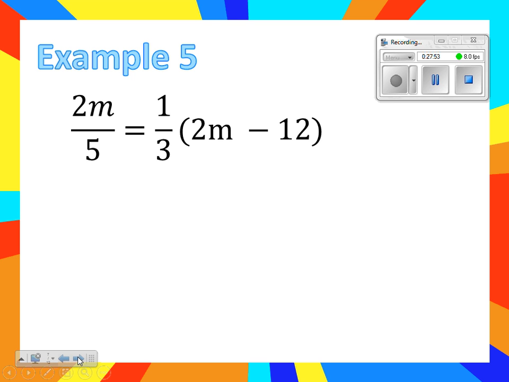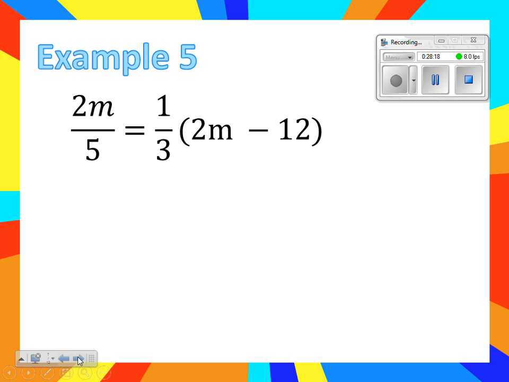Tell me this. Somebody in their calculator, do 1/3 times 2 and tell me what you get. You get 0.6 repeating. I get a decimal. What do you do with it? Math, enter. Make it back into a fraction. What should it be? 2/3, okay? So do 1/3 times 2, 1/3 times negative 12. Don't forget to drop your m's.